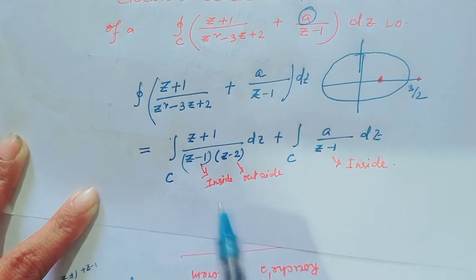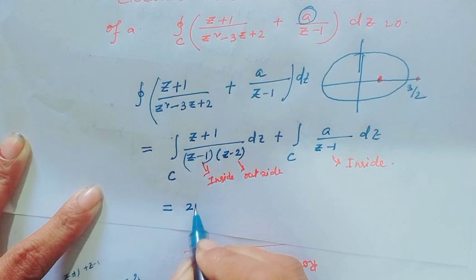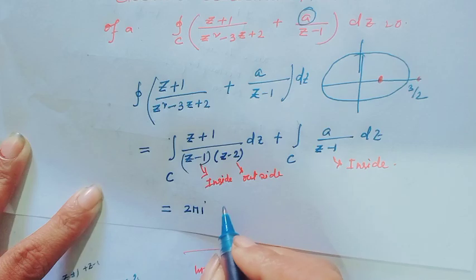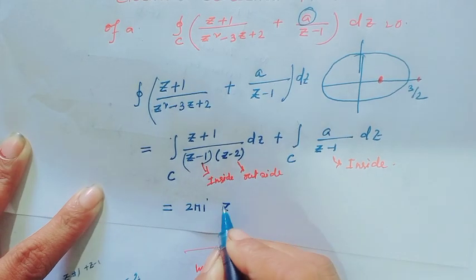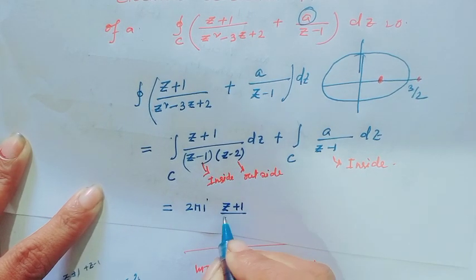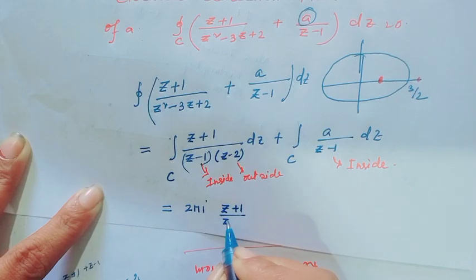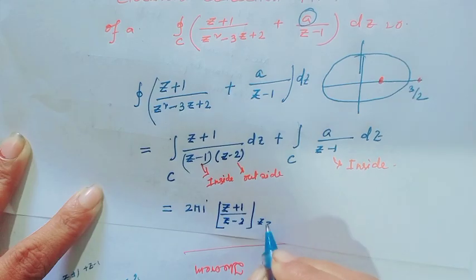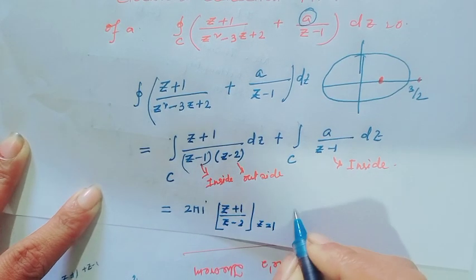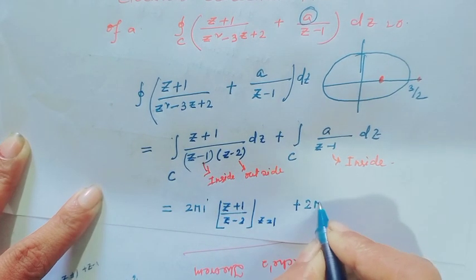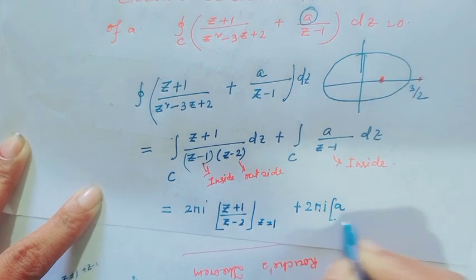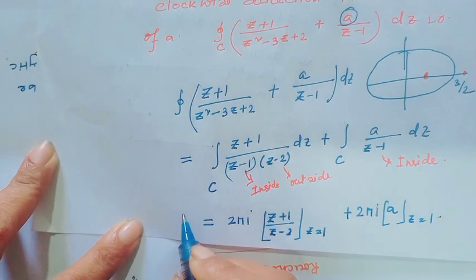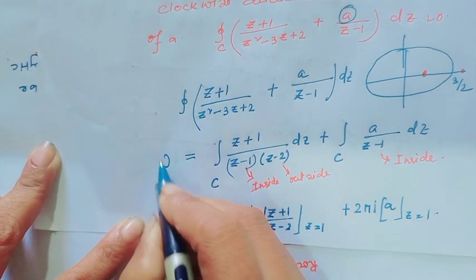That means by Cauchy's theorem this would be 2 pi i times, here f of z is z plus 1 over z minus 2 evaluated at the point z equal to 1, and this value is 2 pi i a at the point z equal to 1, and this value is given equal to 0.